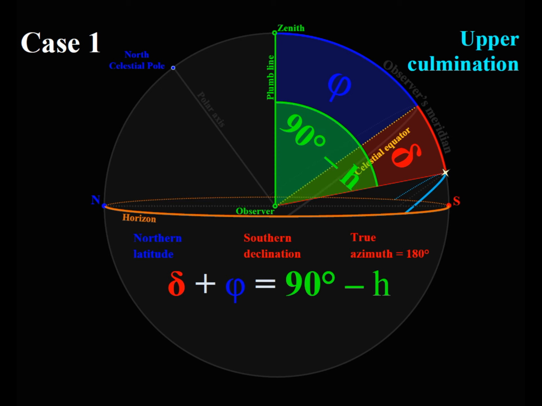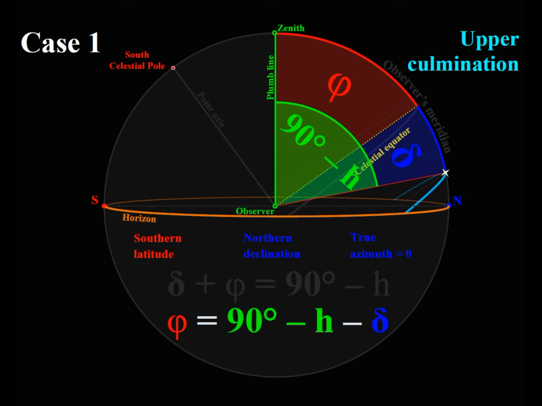You can get your latitude from this expression. This formula also applies when you are in the southern hemisphere and observe a star with a northern declination and zero true azimuth.